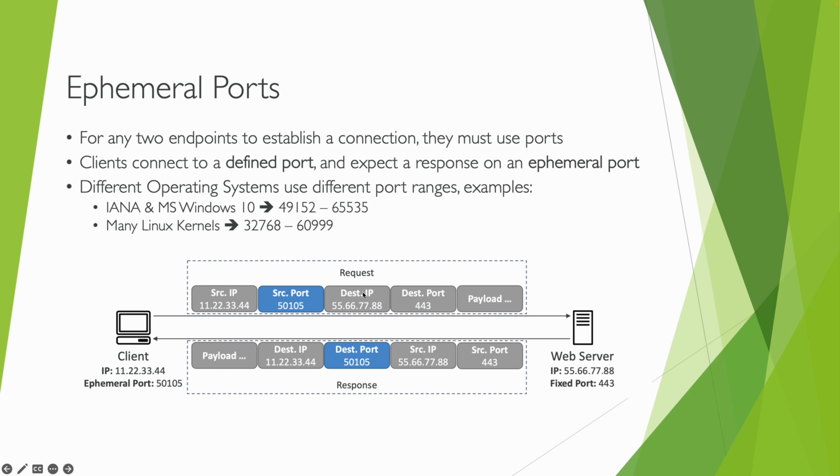These ephemeral ports are not fixed ports; they are dynamic ports which are by default assigned in an ad hoc manner, so there will be a random port between any of these numbers.